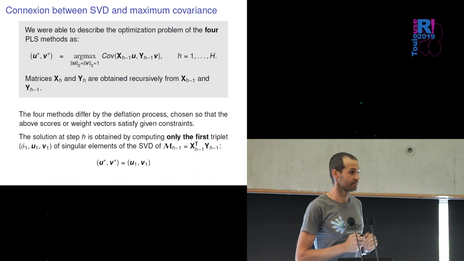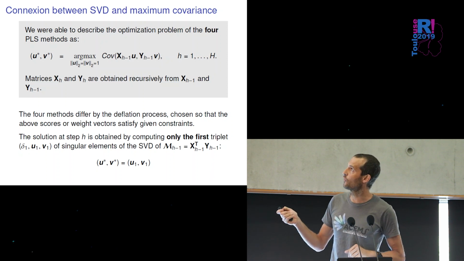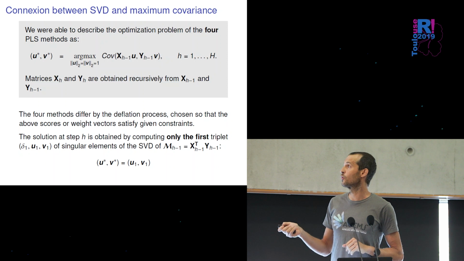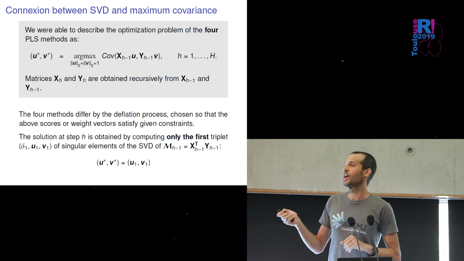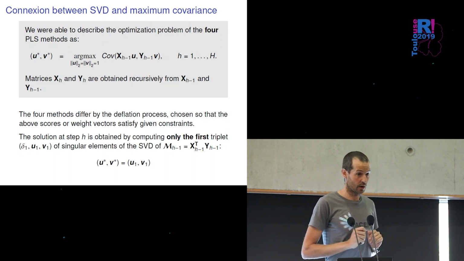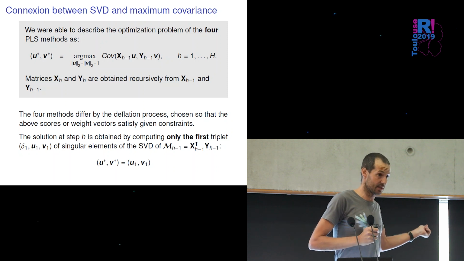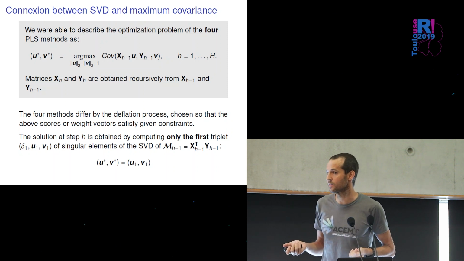And after that, you do the SVD of M. The solution of this optimization problem is just the first right singular vector and the first left singular vector of the SVD of the matrix I presented before. Done. The first step of the PLS is done.